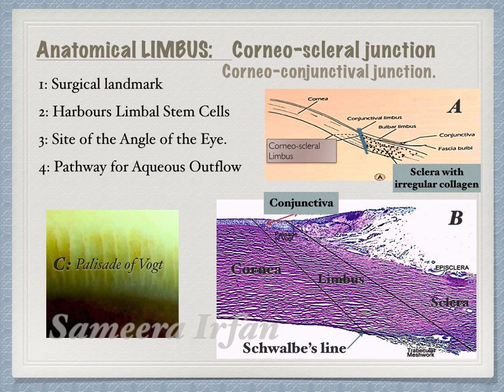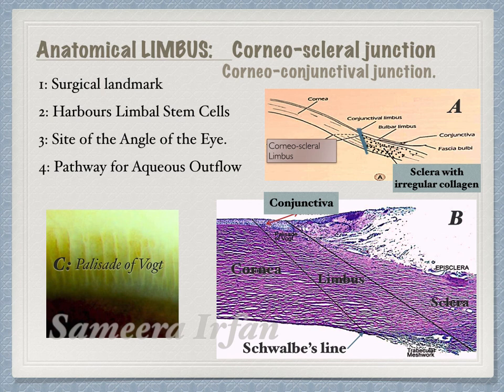The lamina propria of the conjunctiva ends at the limbus, where it is continuous with the Bowman's membrane, while the scleral lamellae, irregularly arranged, become continuous with the corneal stromal lamellae, which are regularly arranged. The Descemet's membrane terminates at the Schwalbe's line. Corneal endothelium becomes continuous at the limbus with the epithelial lining of the trabecular meshwork.